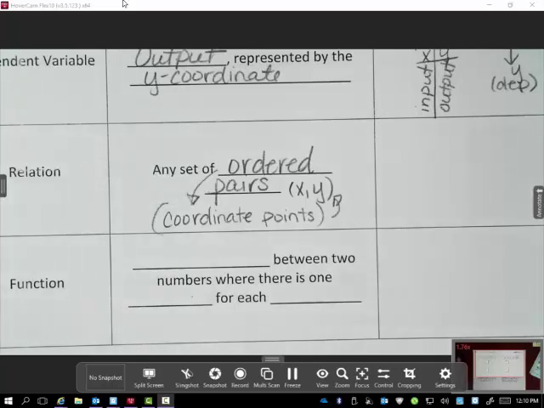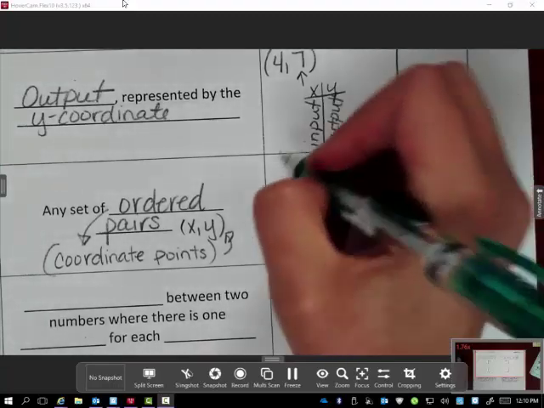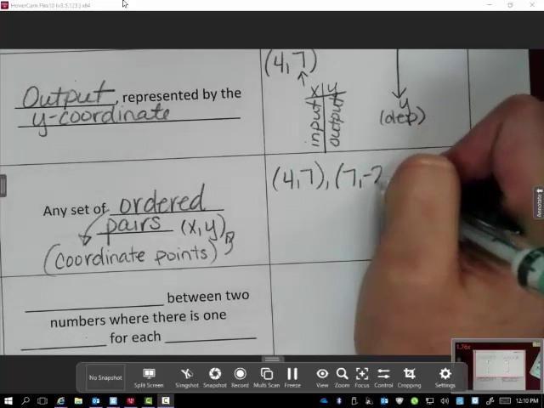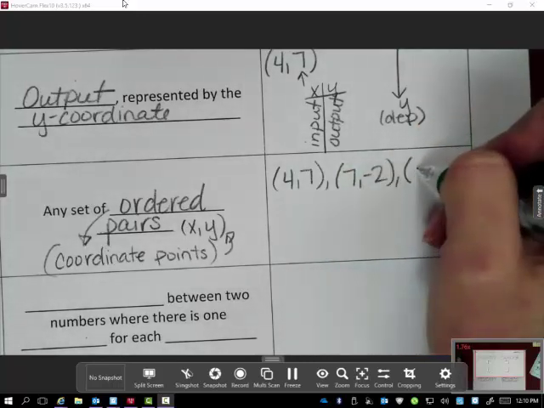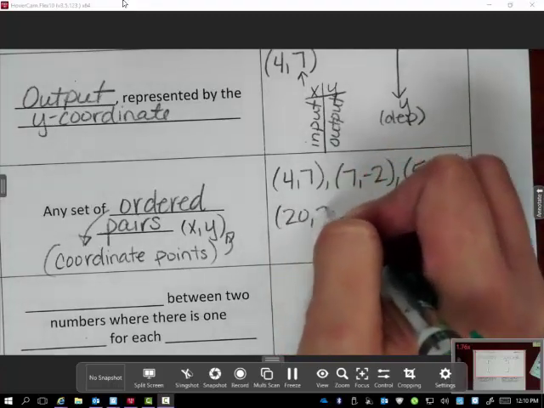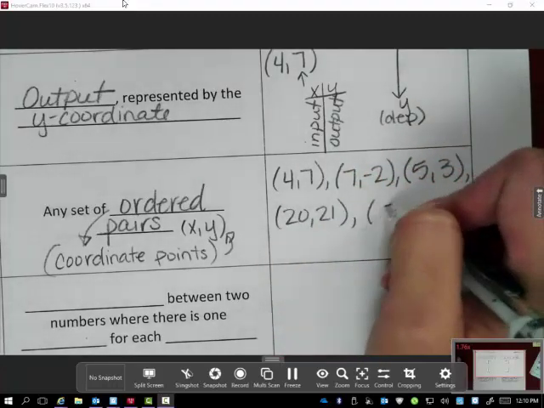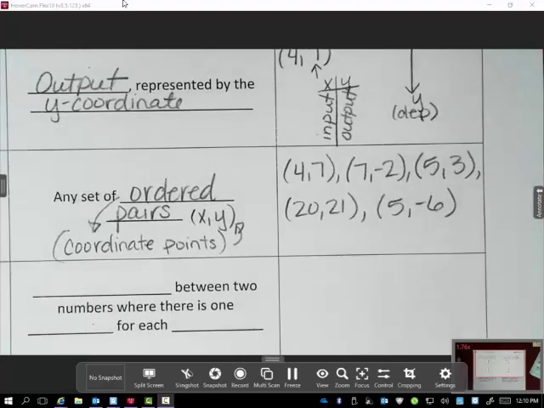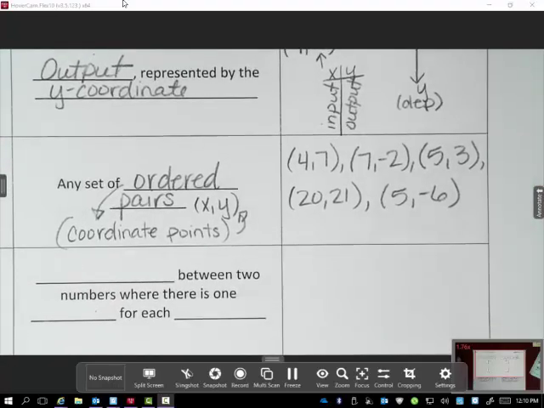All right. So an example of what that might look like is this right here. So is that a set of ordered pairs right there?